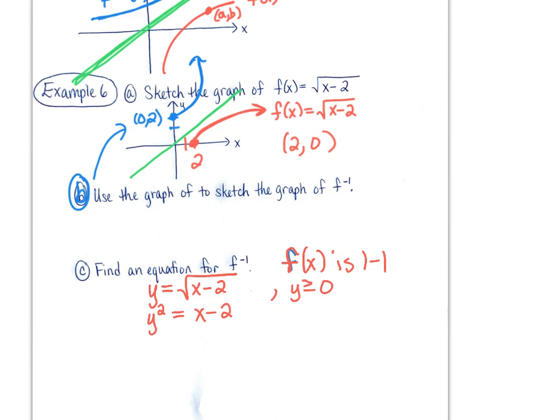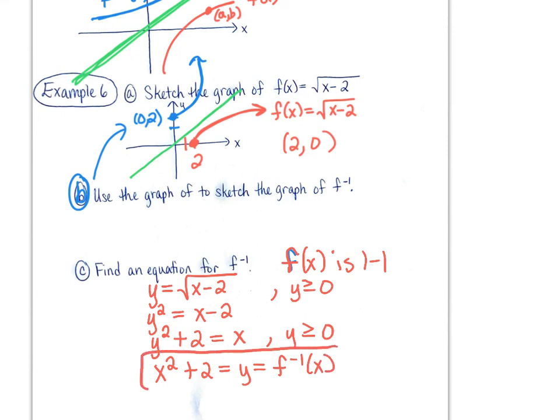X, very good. So you have y squared plus 2 is equal to x. But we still have that y is greater than or equal to 0. Now we interchange what? Y and x, good. So that gives us x squared plus 2 is equal to y, which equals f inverse of x, and that is it.